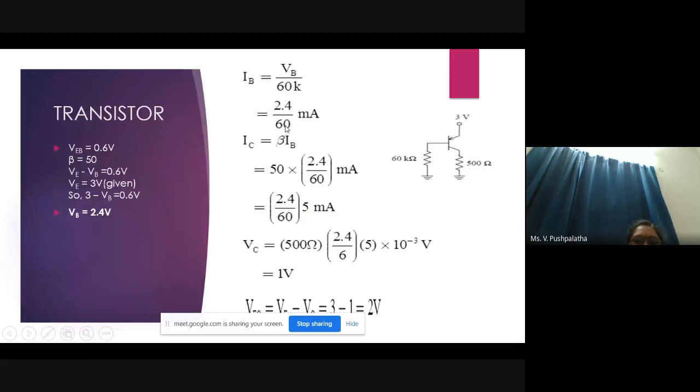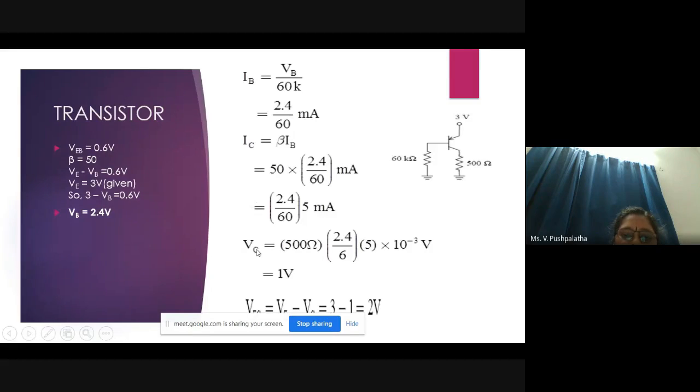Then your IC value is 50 into 2.4 over 60, so this is your IC value.